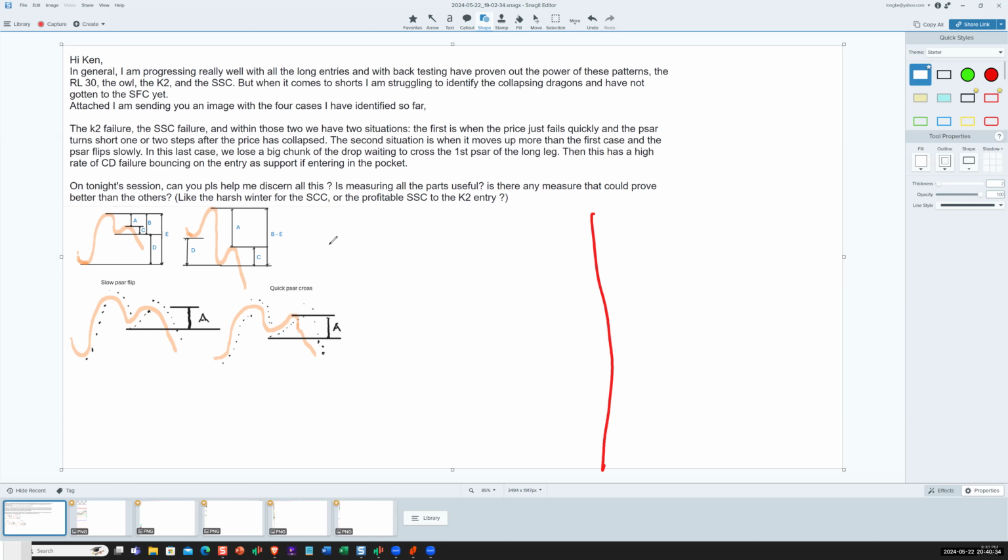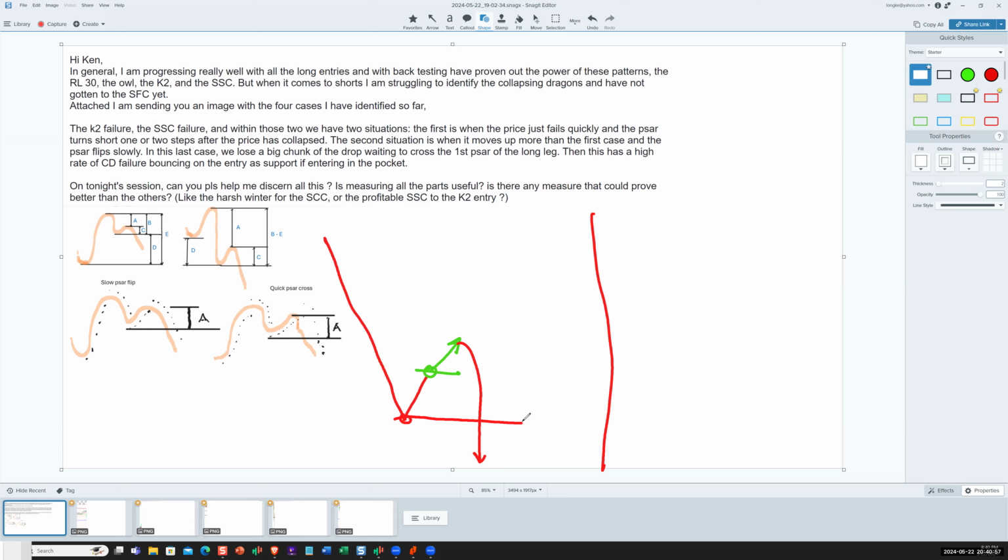The first one is you waited to see a harsh winter that reversed and which triggered an SSC entry, which failed. It failed down below the belly of the RL10.